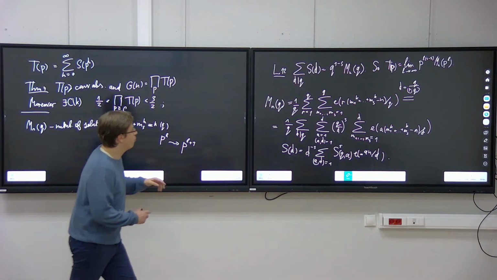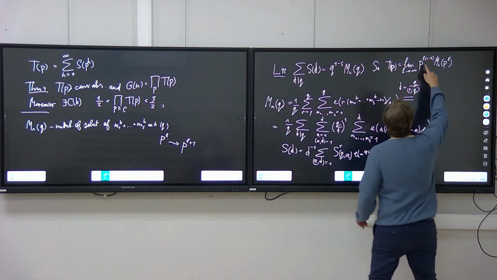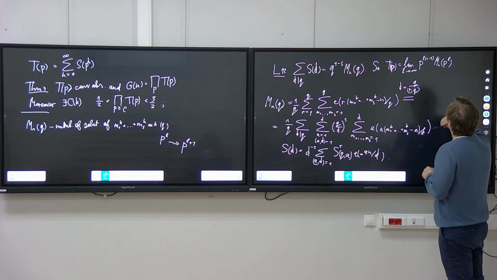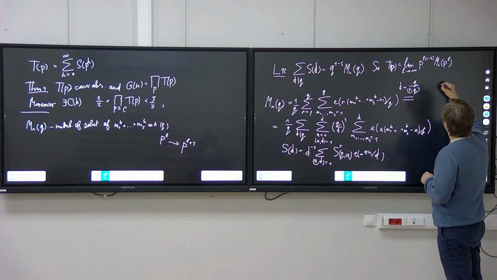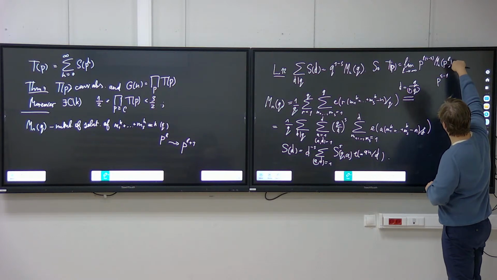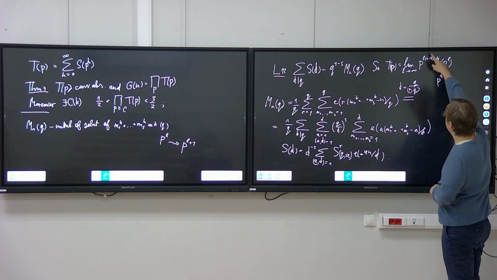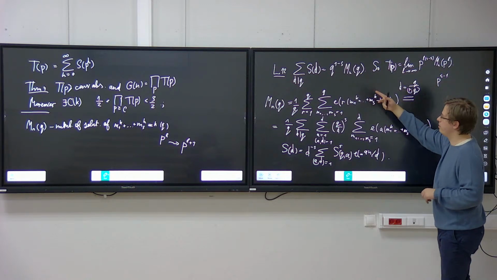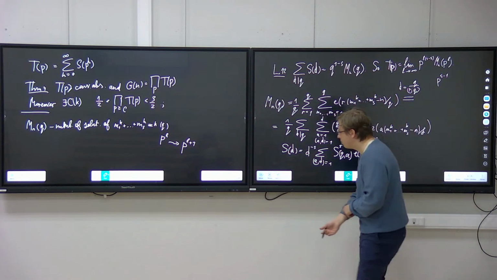And why are there p to the power s minus 1 possibilities, yes? So this is multiplied by p to the power s minus 1, this is multiplied by p to the power 1 minus s, if we decrease L by 1.